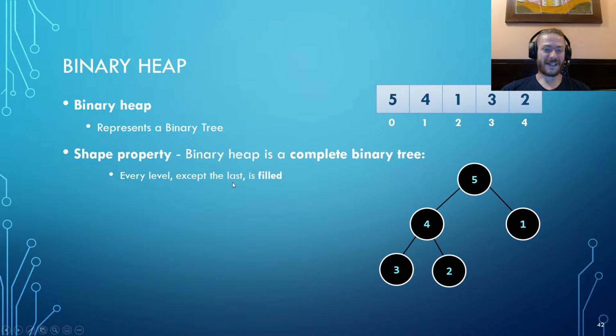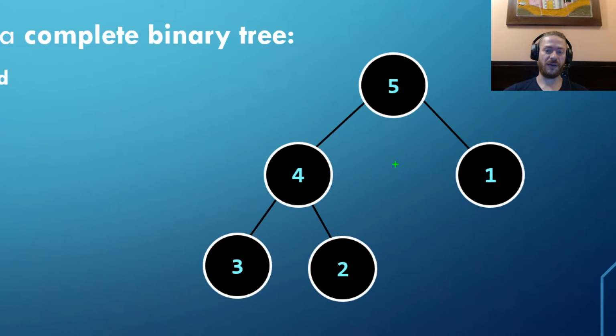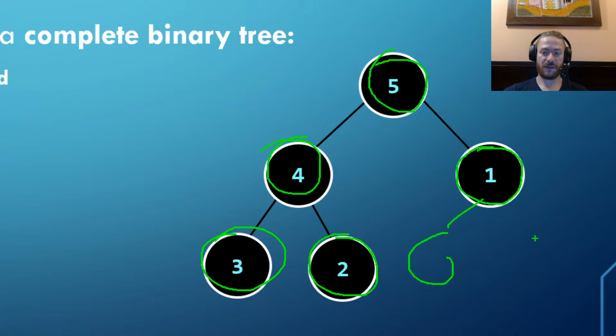Every level except the last is filled. So when we fill a heap, we fill it in order. We fill it first this, then to the left, then to the right, and so on. We fill it level by level.